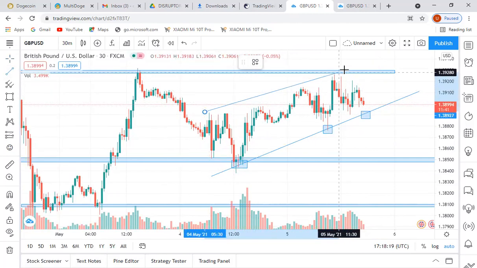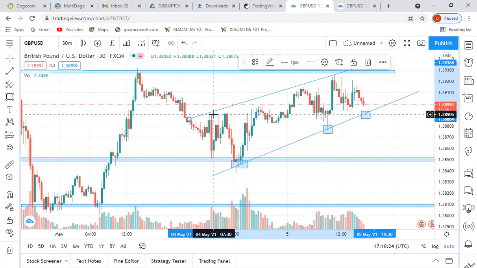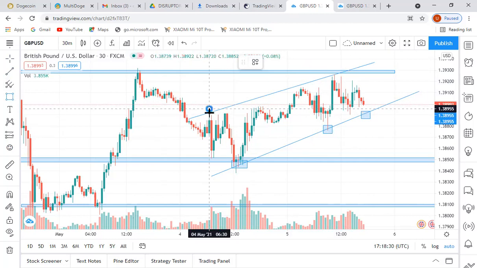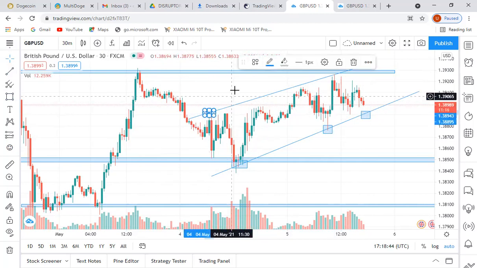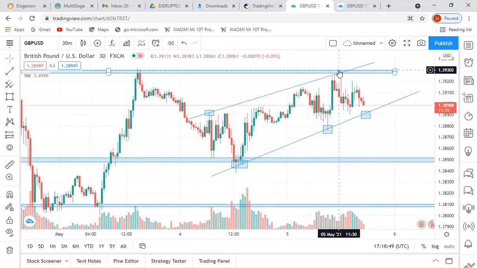Now for the sell, we are also seeing a sideways move this way. So we also place the trend line this way. We place the line diagonally, and anytime the candle moves like this, anytime it moves in the upward direction and touches the trend line, remember I said two to three touches on the line you're drawing, diagonally or sideways as the market is moving, that makes your trend line valid.